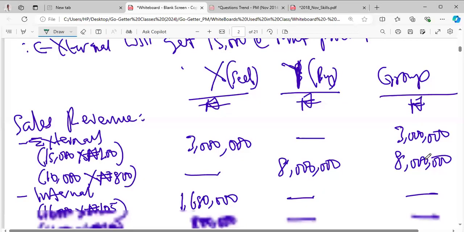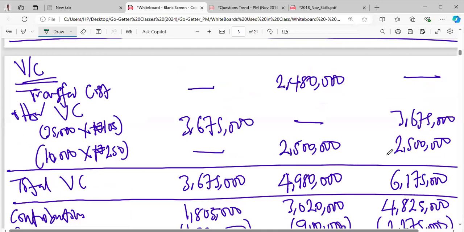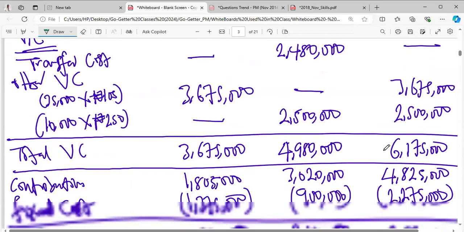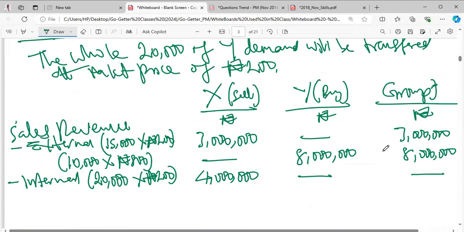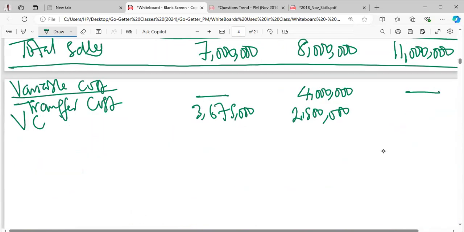That is going to give me 6,175,000, yes, 3 plus 3, 6. So that's variable costs.